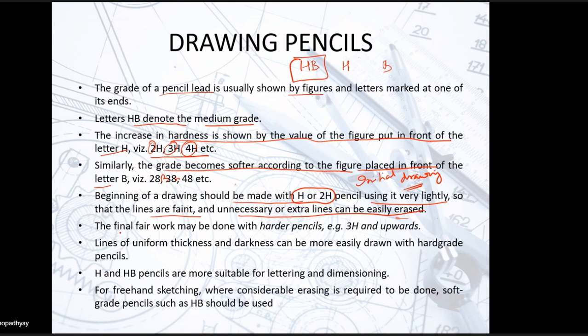The final fair work is done with harder pencils, say 3H and upwards. Lines of uniform thickness and darkness can be more easily drawn with a hard grade pencil. H and HB pencils are more suitable for lettering and dimensioning, and for freehand sketching, where considerable erasing is required, soft grade pencils such as HB should be used. Later on, I'll be telling you which one you have to buy.